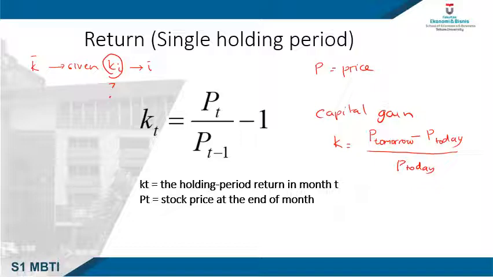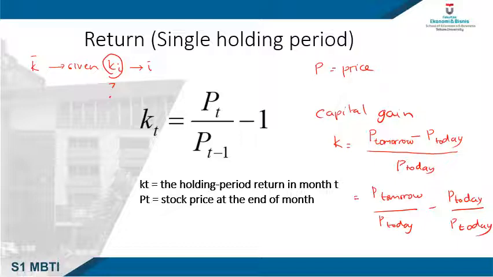So my profit is 100, right? Comes from the 1,100 minus 1,000. So the K will be like this: P tomorrow minus P today divided by the P today. Okay, P tomorrow divided by P today, minus P today divided by P today. I separate the denominator for each numerator over here. Yeah, it's the same with this one, right?